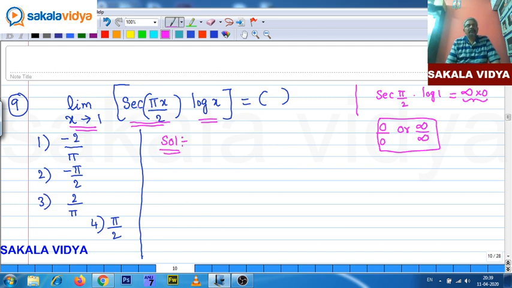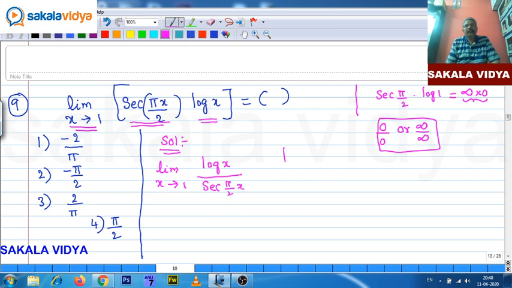Write the reciprocal of secant of pi by 2 x. Secant theta equals 1 by cos theta. Limit x tends to 1, this can be written as log x upon secant pi by 2 x.